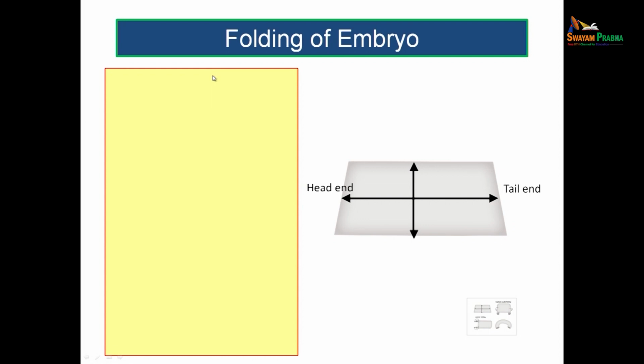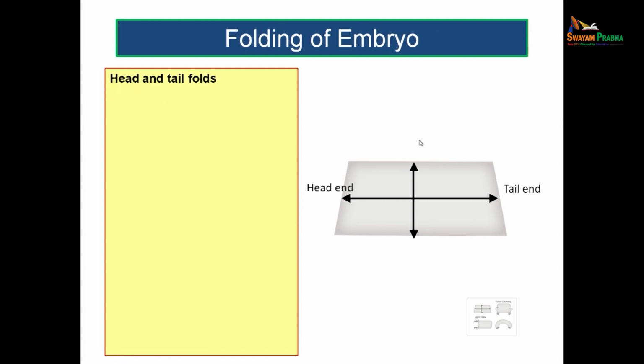Before moving on to the folding of the embryo, if you consider it as a single plate, you can see that this is the lengthwise and this is the breadthwise alignment. If you get a folding lengthwise, that means from the cephalic to caudal end, you call it cephalocaudal folding. If it is folding breadthwise, at the lateral ends, you call it lateral folding.